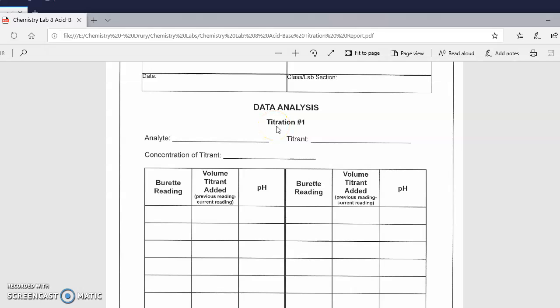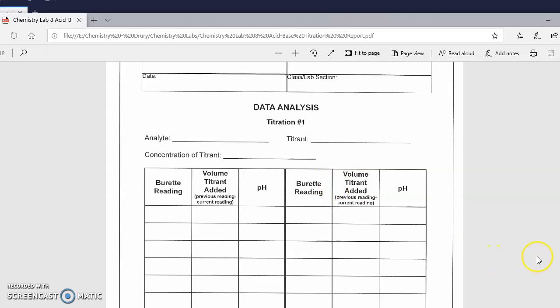The titrant that we're going to be using is 0.500 molar NaOH. So we're going to have a strong acid and a strong base. The titrant is NaOH, and its concentration is 0.500 molar. So NaOH goes up here, 0.500 molar goes down here.